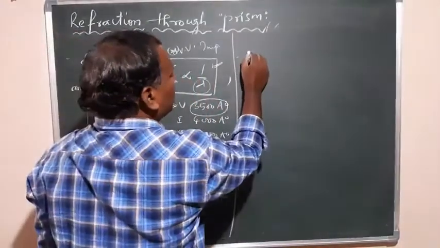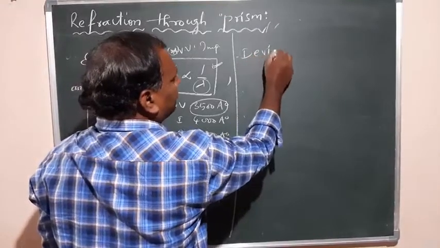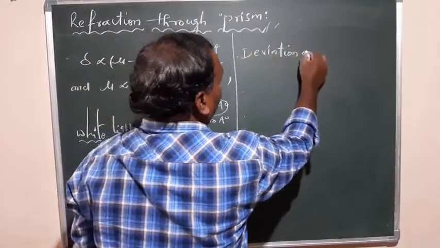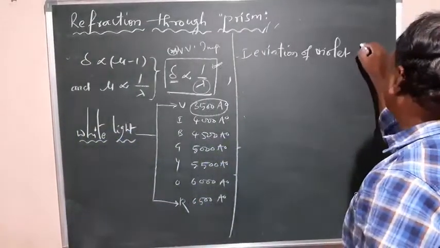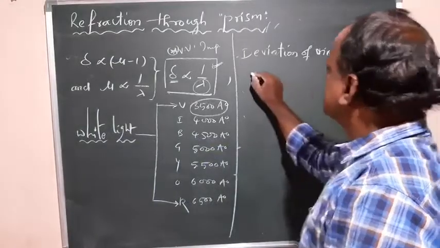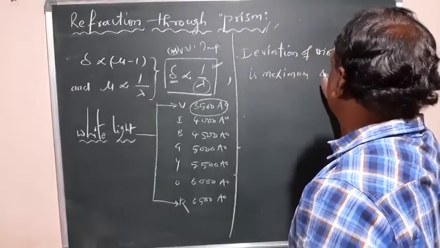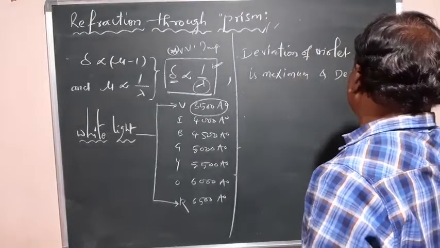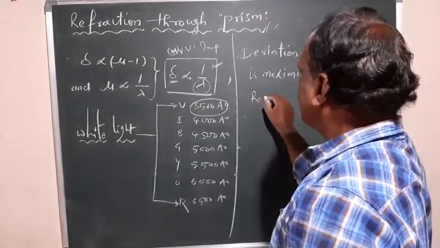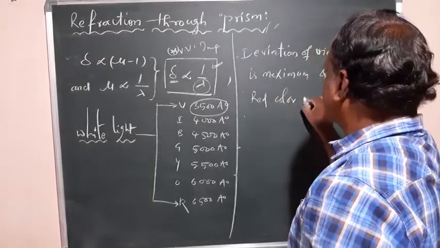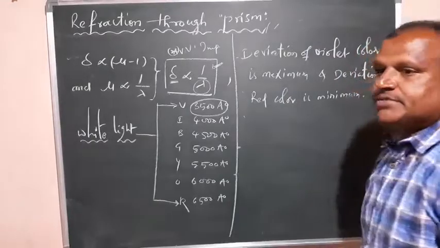So the deviation of violet color is maximum, and the deviation of red color is minimum, right?